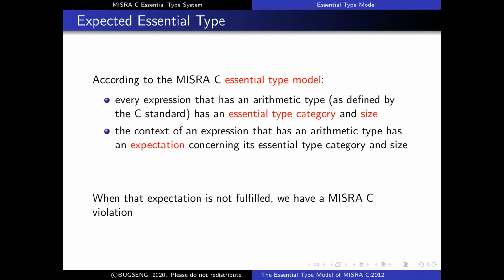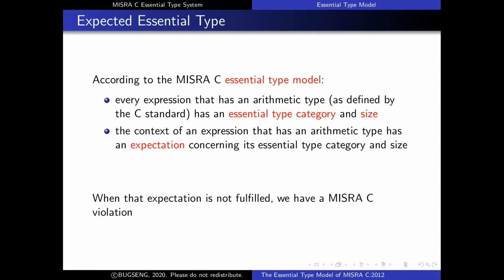Let's make the simplest possible example. As the guard of an if-then-else statement, the guard has the expectation of receiving a Boolean, something of essential type category Boolean. If you give it something that has essential type category float, it's a violation.